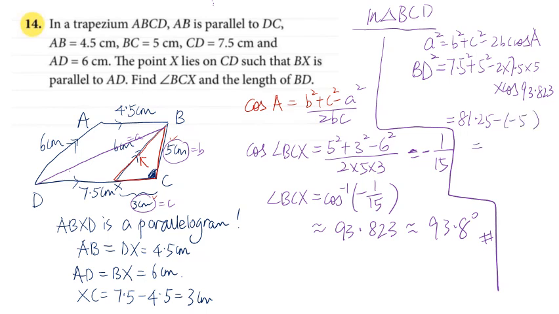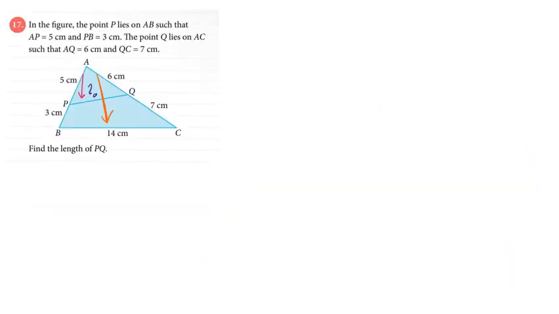So that gives you 86.25. Therefore, BD will be the square root of this. And since BD is a positive value, we only take the positive value, which is 9.29 centimeter.